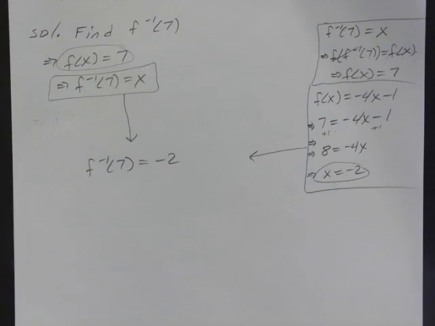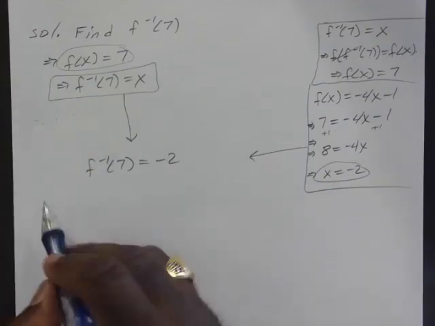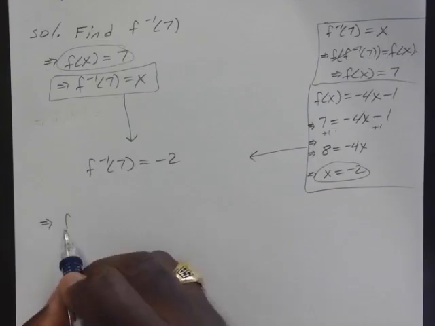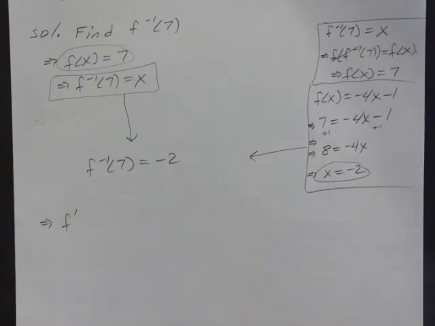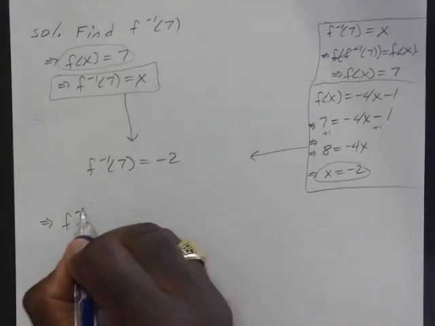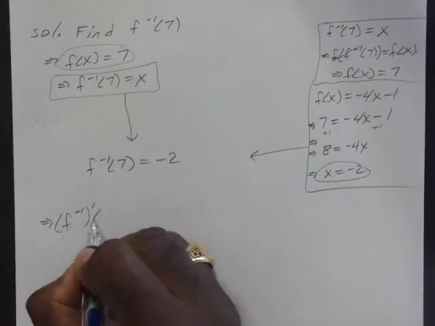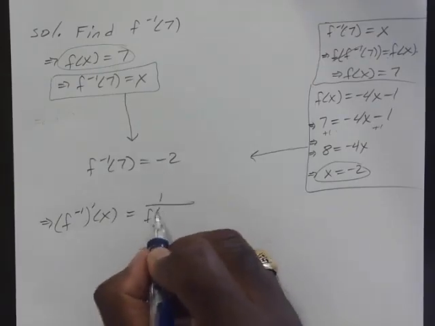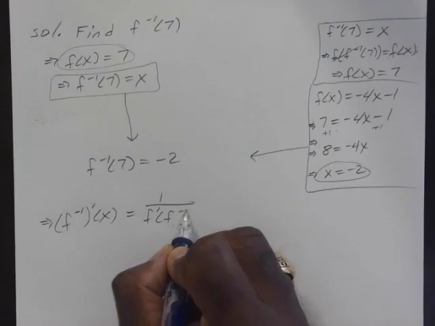So now that we have our f inverse of 7, we know that f inverse prime of x is equal to 1 over f prime of f inverse of x.